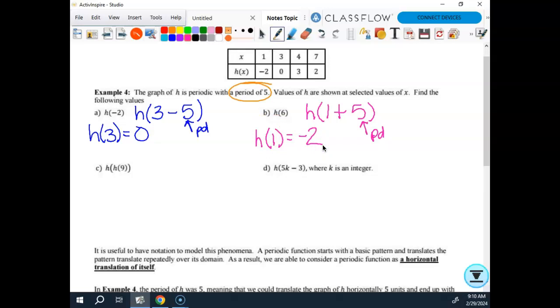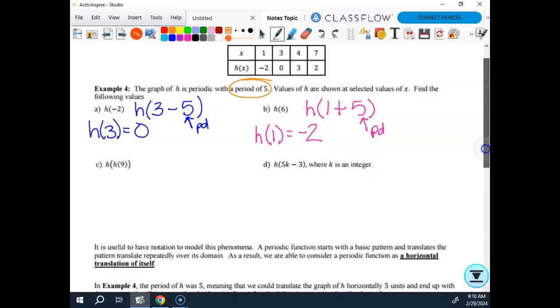All right, good deal. What about h of 9? Does that make it any more difficult? No, just one more step. Let me give you a second to think through that one.